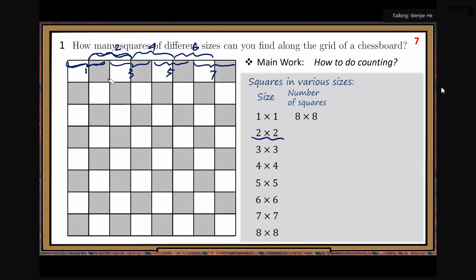So here, also 7. Horizontally, you have 7 different length 2 sides. Vertically, you also have 7. To get the total number, you can do multiplication. Okay, 7 by 7.